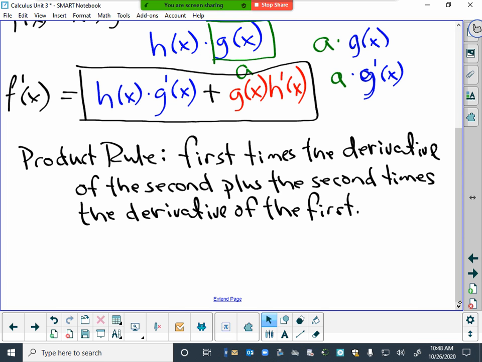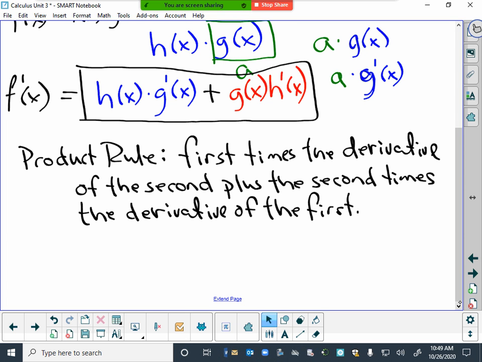He was not particularly musical, but more musical than I am, and he kind of halfway sung this thing, which doesn't work for me. But memorizing it this way, first times derivative of the second plus the second times derivative of the first.